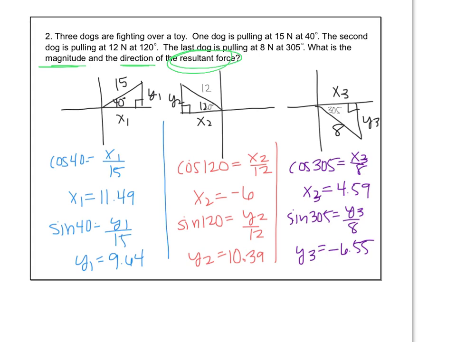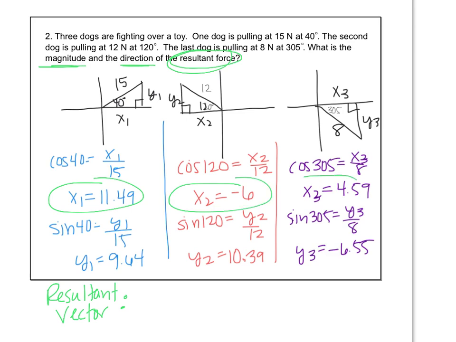of the resultant force. So to find the resultant vector, you have to add everything together. So all the x's are going to get added together first. I'm going to add all those numbers together to figure out what the resultant is. So the resultant horizontal component is 10.08i.